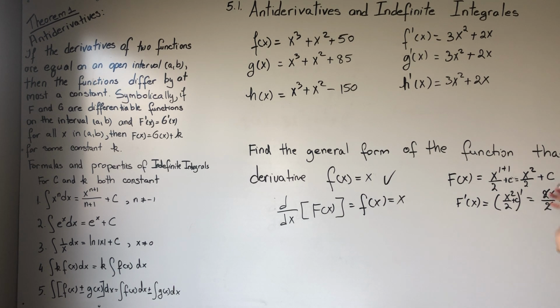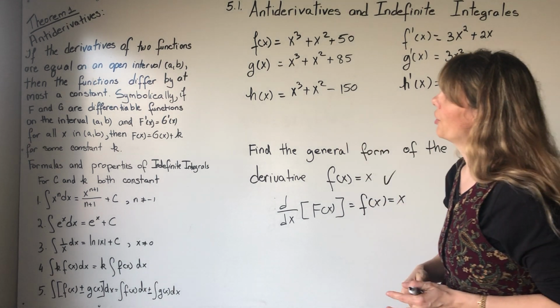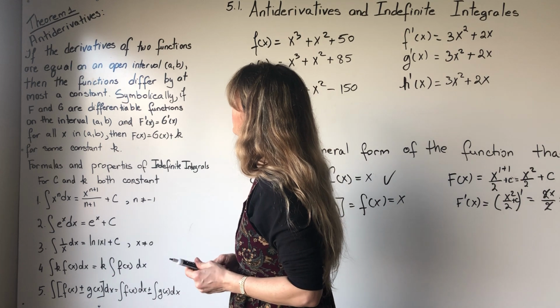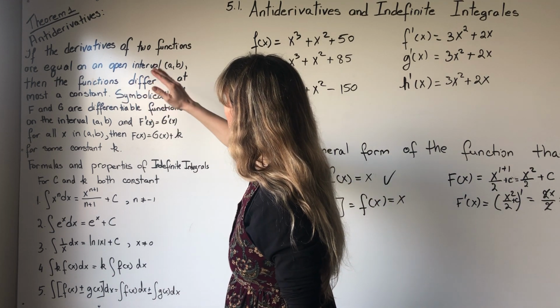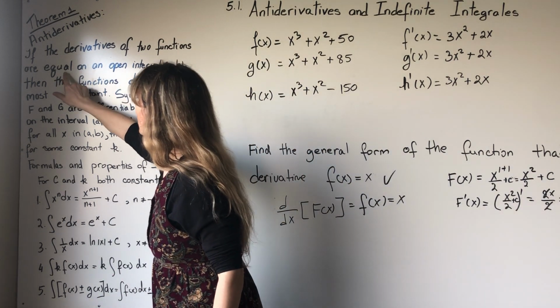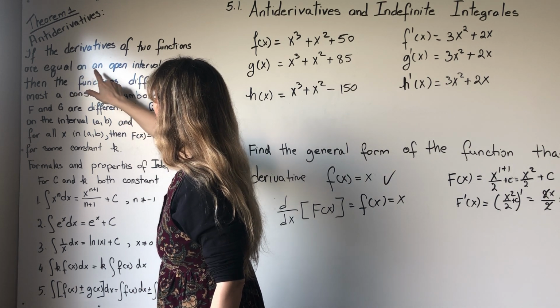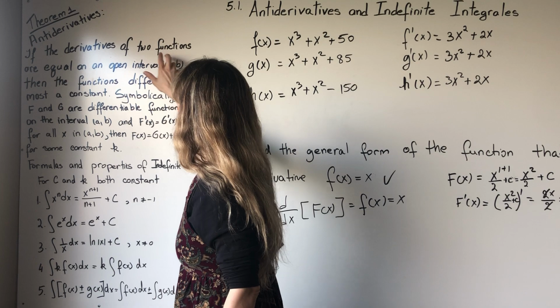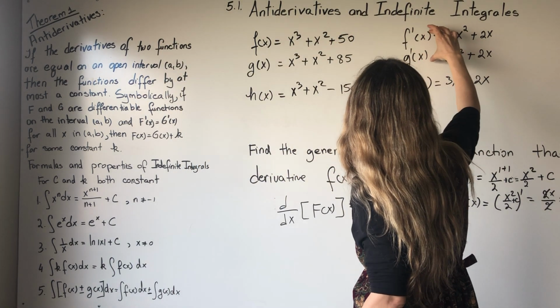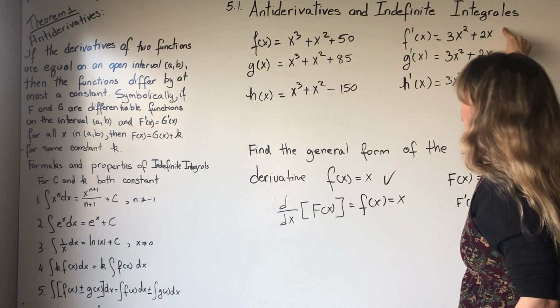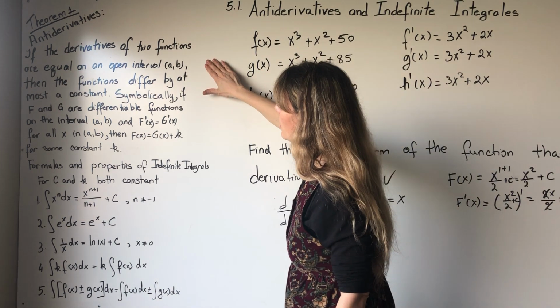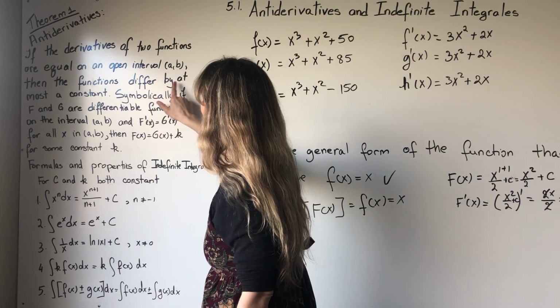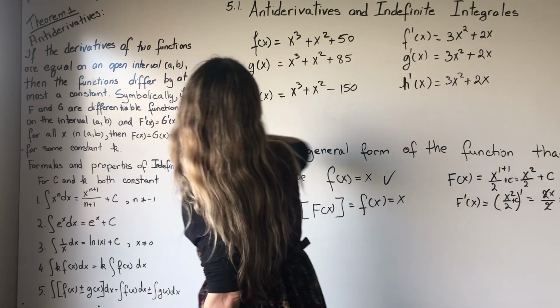Correct? So now, this is what antiderivatives look like. Let's have the theorem. So, antiderivatives. If the derivatives of two functions are equal on an open interval AB, then the functions differ by at most a constant.